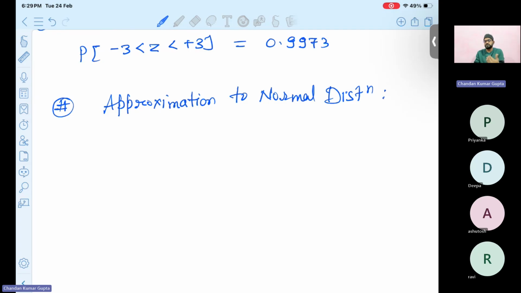As we discussed in the previous class, if you may remember, every distribution is connected with some other distribution via some transformation. Since everything is connected to normal by some transformation, let's understand some of them. The first one is binomial to normal.